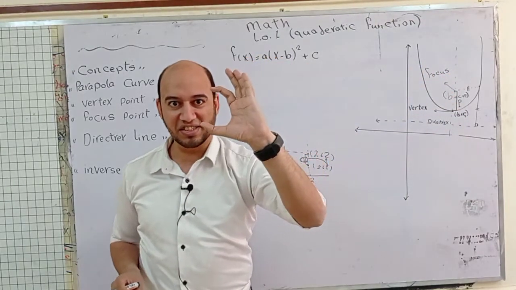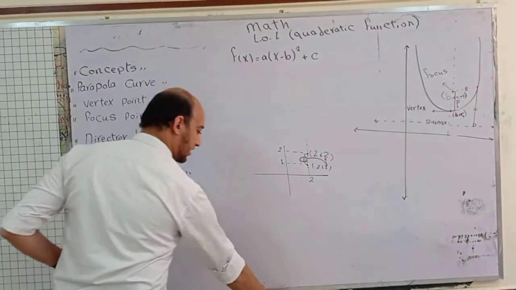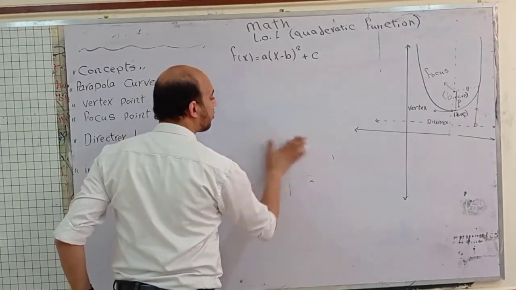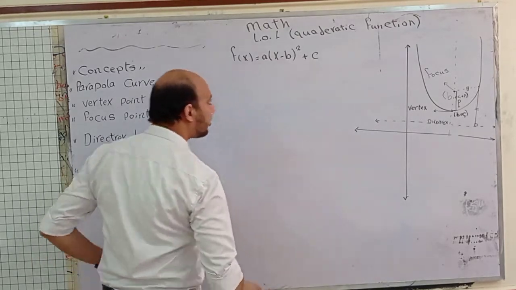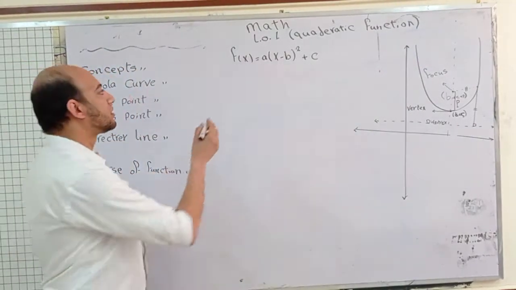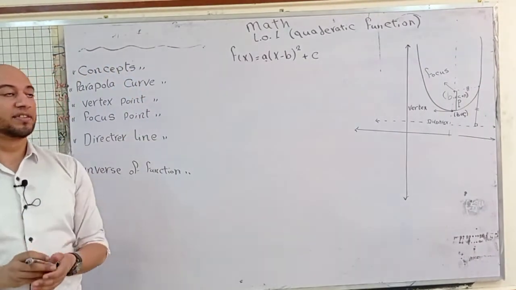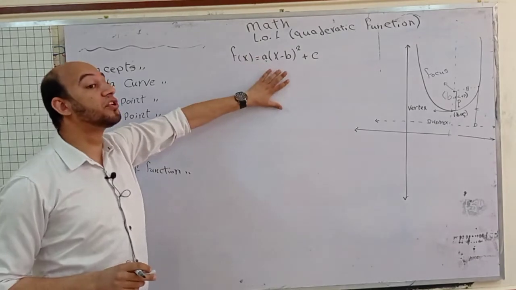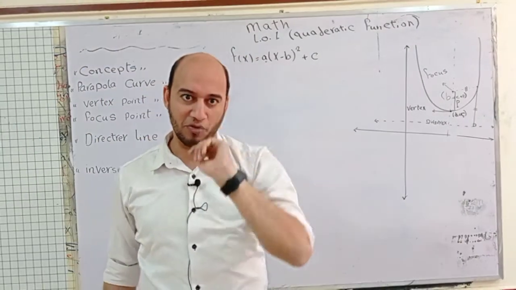P is the distance. How can we get this distance? This distance has a law to get it, and this law depends on the coefficient a in the vertex form, not the coefficient a in the standard form.